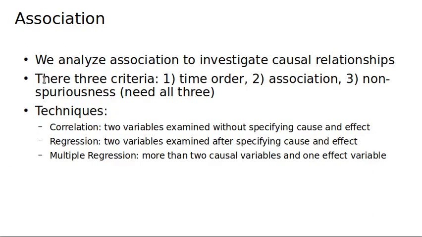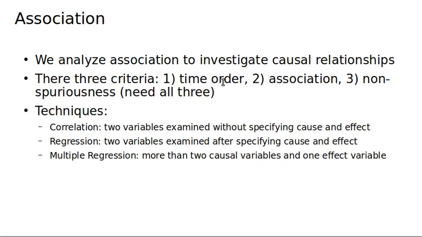Okay, so moving on, after group differences, we studied association. These techniques are important because they allow us to study causality. Remember, though, that causality has three criteria. Association is just one of them. So when you hear people say that correlation is not causation, what they're saying is we've only hit one of the three criteria. We have to also establish non-spuriousness and time order.